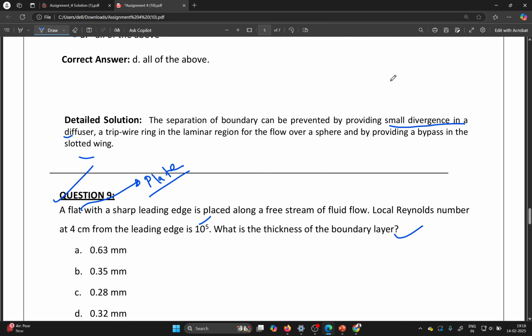So the local Reynolds number at 4 cm from the leading edge is 10 raised to 5. So what should be the boundary layer thickness at 4 centimeter from the leading edge? The question is this, question number 9.